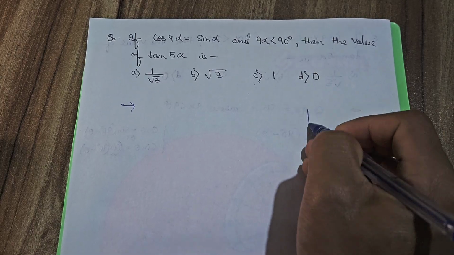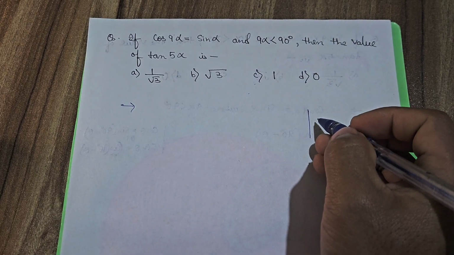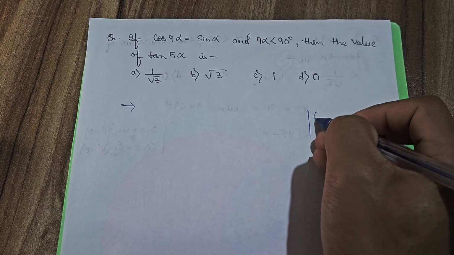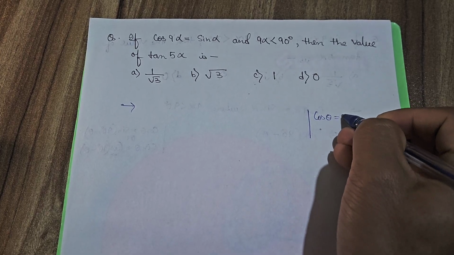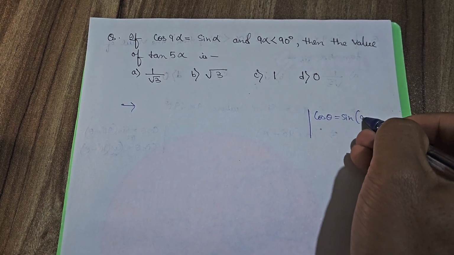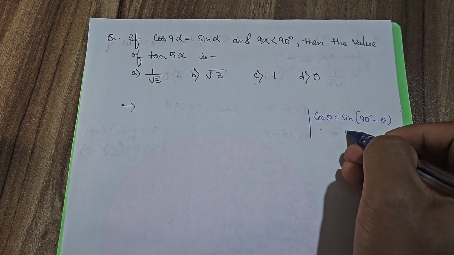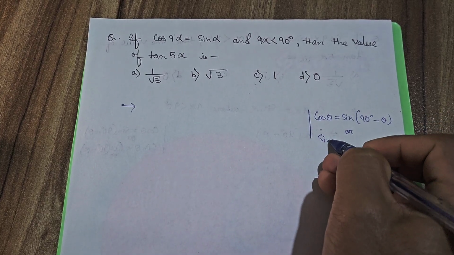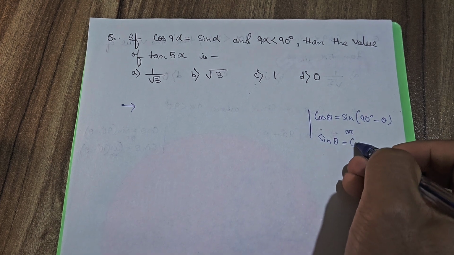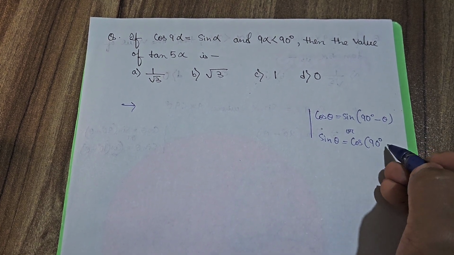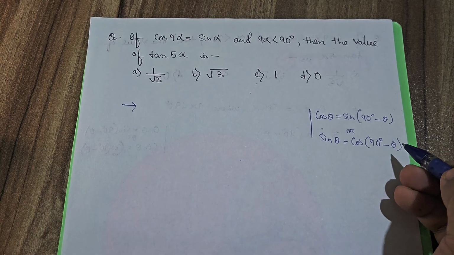We are going to use one identity from among these two identities: cos theta equal to sin of 90 degrees minus theta, or sin theta equal to cos of 90 degrees minus theta.